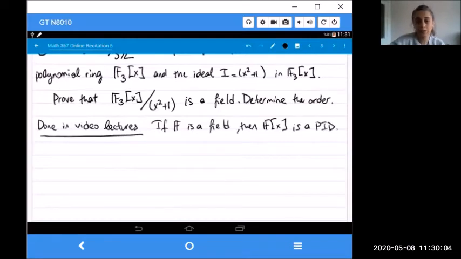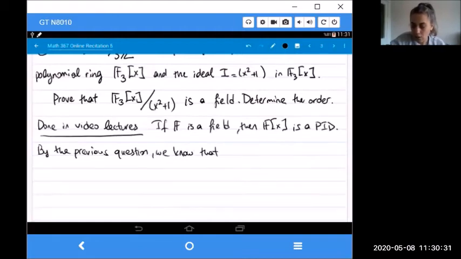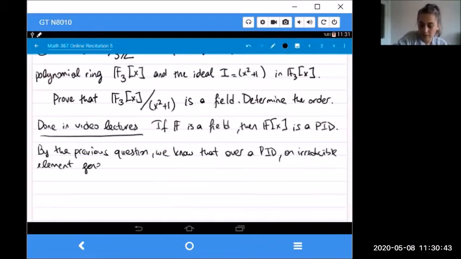That is, every ideal is generated by just one element. And by the previous question, we know that over a PID, irreducible elements generate a maximal ideal.